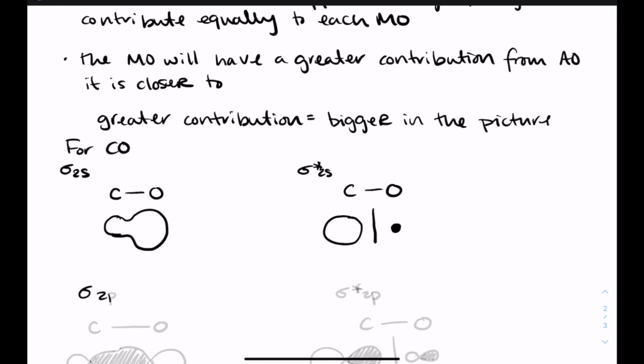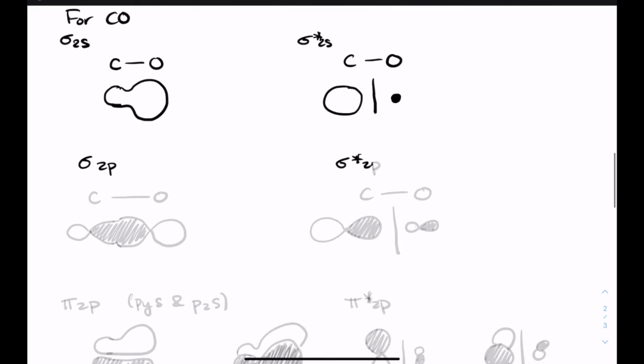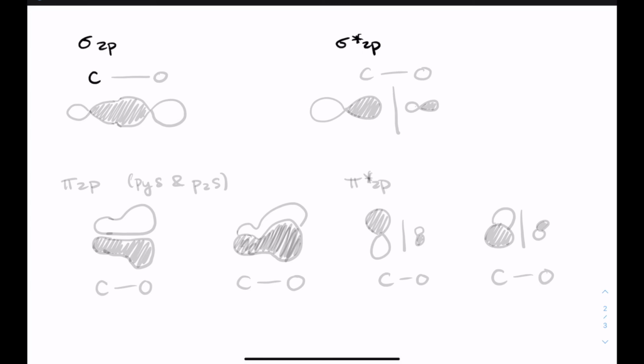For sigma 2p, greater contribution from oxygen, which is now super awkward to draw, but this is what's happening. I have a regular p orbital on the carbon side. I have a regular p orbital on the oxygen side, but bigger because it gives a bigger contribution, and they have a constructive interference overlap in the middle.